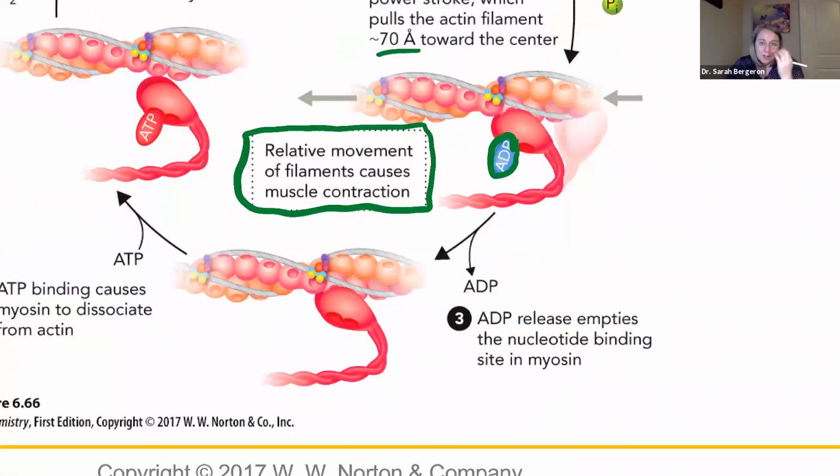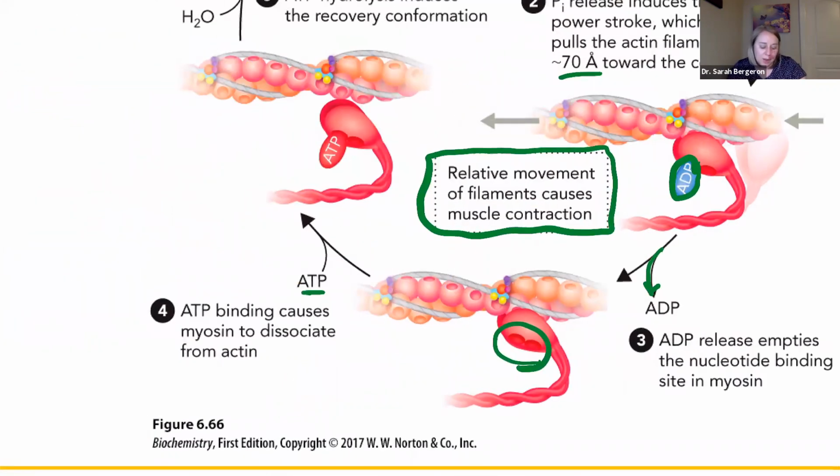But that's only one ratchet. You're going to have multiple ratchets in order to get enough of a compression of your sarcomere for you to see an effect on like your arm. So what's going to happen next is once that ratchet movement occurs, the ADP is going to be released, and now you're going to have an empty nucleotide binding pocket. Once that binding pocket is empty, it's ready to pick up another ATP.